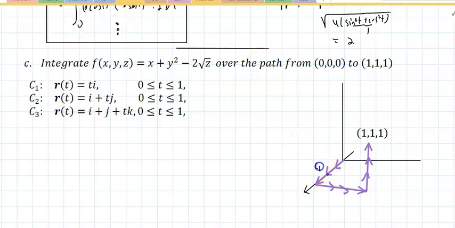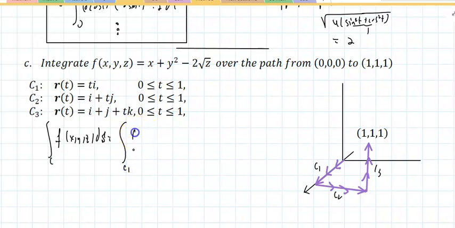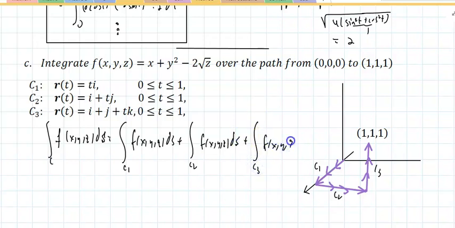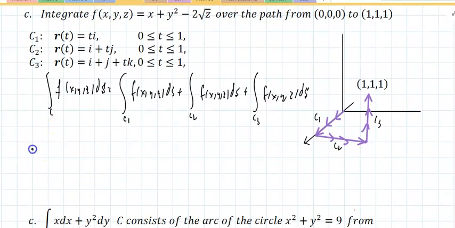So if you call this C sub 1, C sub 2, C sub 3, we say integrate over the path, that's going to be the integral along C1 plus the integral along C2 plus the integral along C3. And here they gave us the equation. Normally you have to find that. That's going to equal the integral.